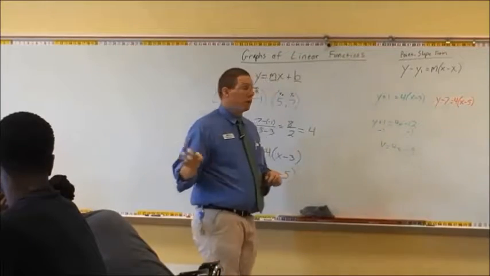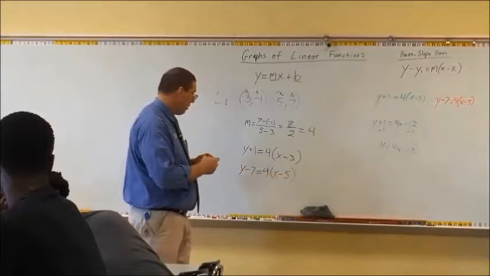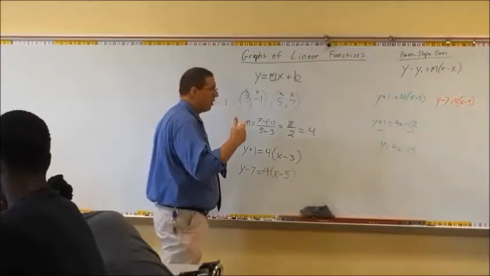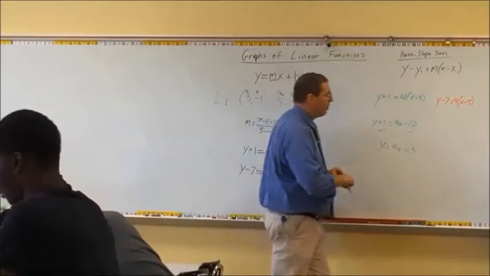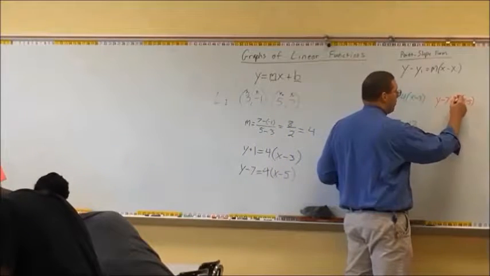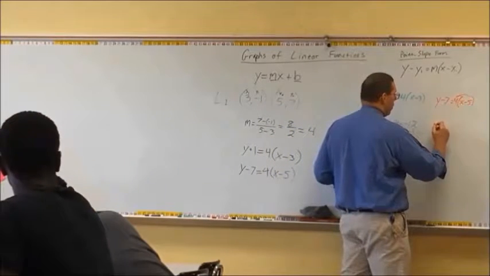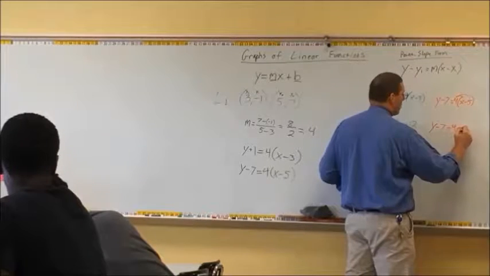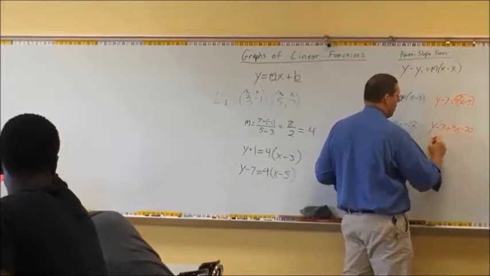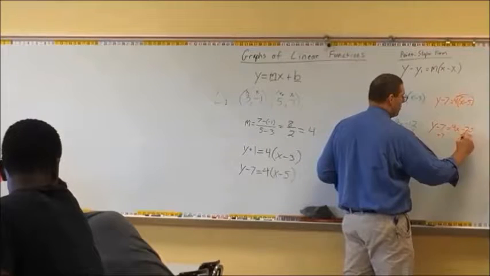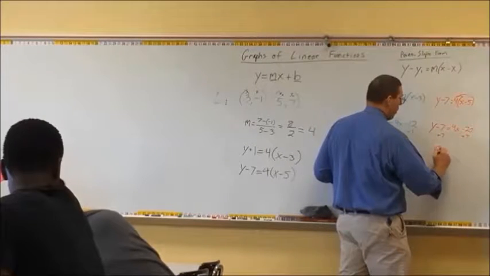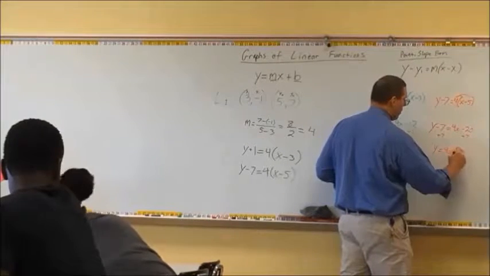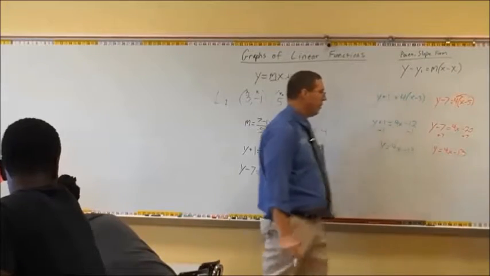Now you guys should have gotten y equals 4x minus 13, but let's see. Maybe I made an error somewhere. If we distribute here first, we get y minus 7 equals 4x minus 20. Then if I add 7 to both sides, I get y equals 4x minus 13, which is the same.